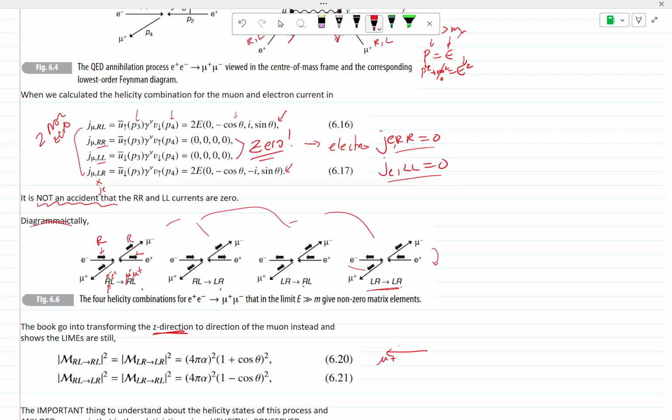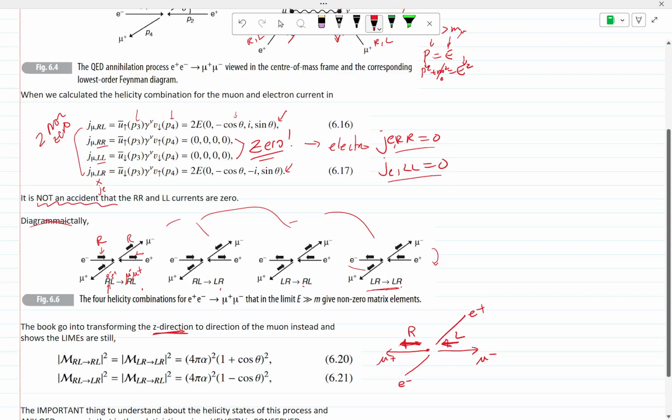In this case, the muon helicity is aligned with the momentum, so this is a right-handed anti-muon. Then you have the mu minus, and since this is right-handed, this will have to be left-handed. And then the electron: let's say we have the electron coming in this way, and the electron coming out.